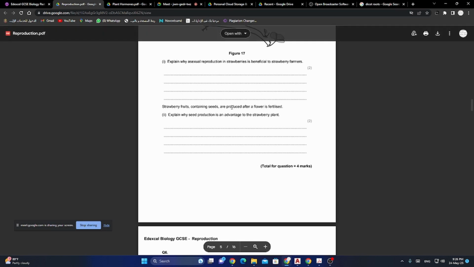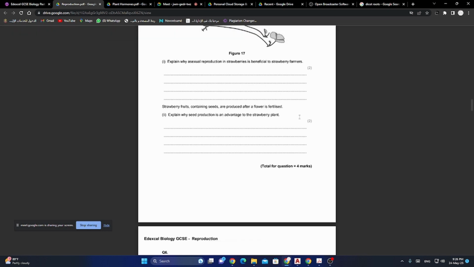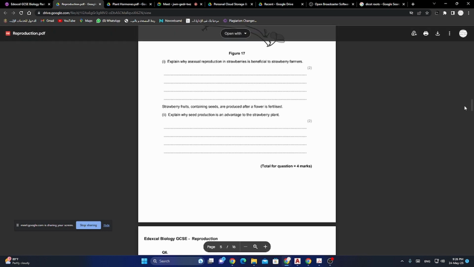Strawberry fruits containing the seeds are produced after a flower is fertilized. Explain why seed production is an advantage to the strawberry plant. Again, it's the same thing as the first question that we solved. How is sexual reproduction helpful? How is seed production helpful in this case? No, no, no, you don't have to explain that much. I was just trying to explain to you how variability works. You don't really have to go into detail.